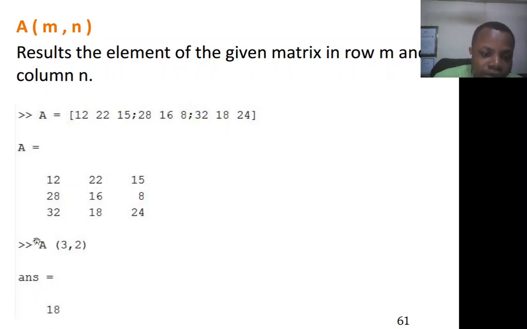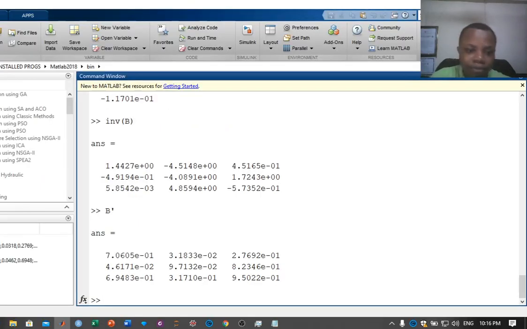All that we have to do is specify the matrix, specify the row, and specify the column. So in this case that is 2 and 3, which is this number, and we are getting exactly this value that we see here.